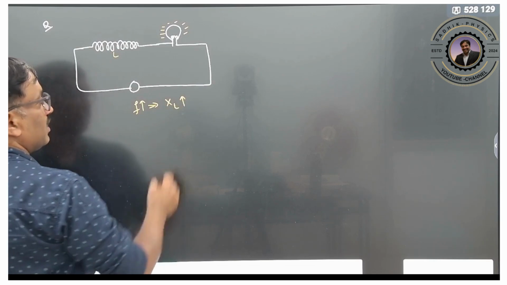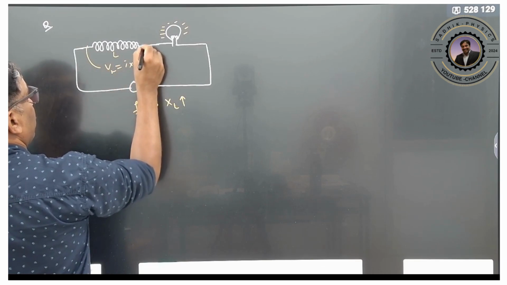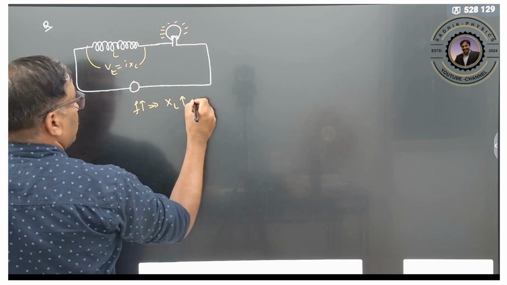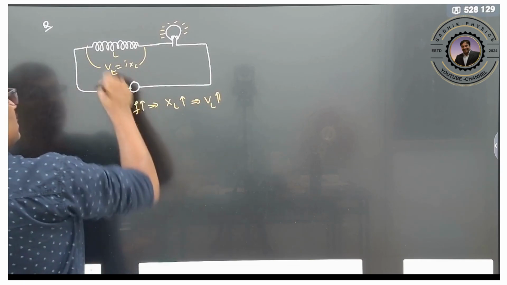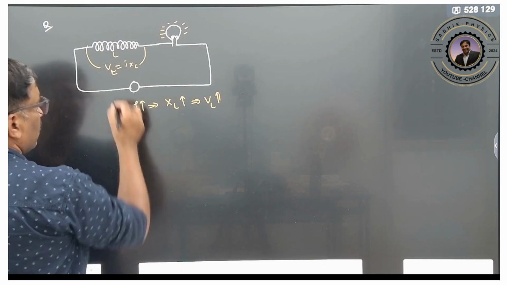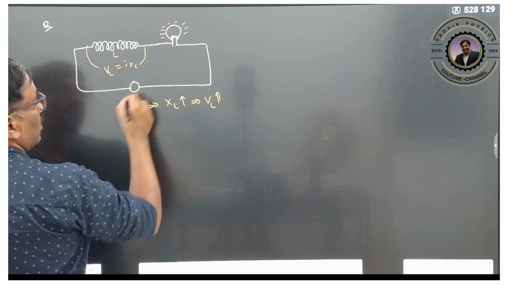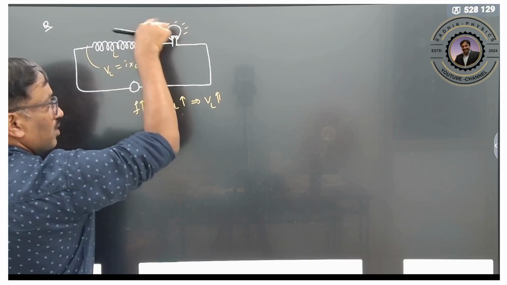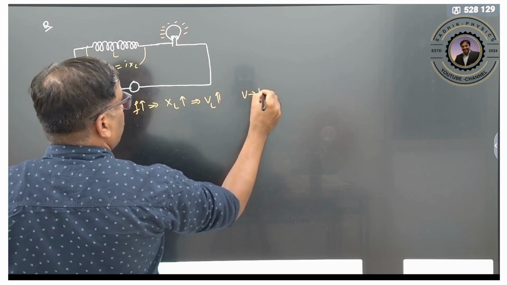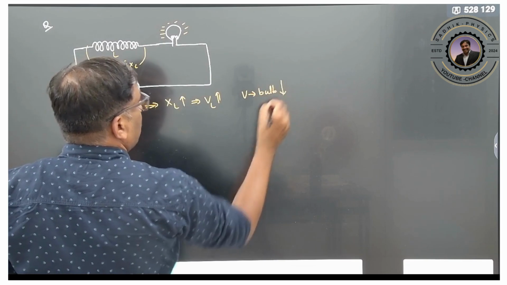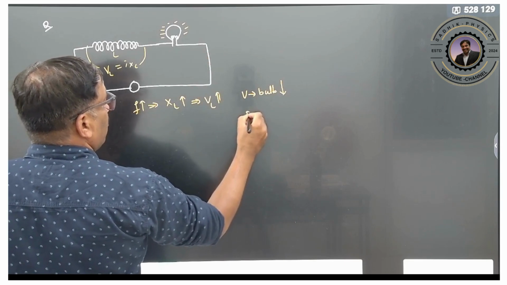When XL is increasing, the potential difference across it, I into XL, also increases, so VL increases. Whatever the energy is there, it is going to the inductor. Once this energy goes to the inductor, the potential across the bulb is going to decrease. So the potential across the bulb decreases, and when the potential across the bulb decreases, the brightness of the bulb decreases.